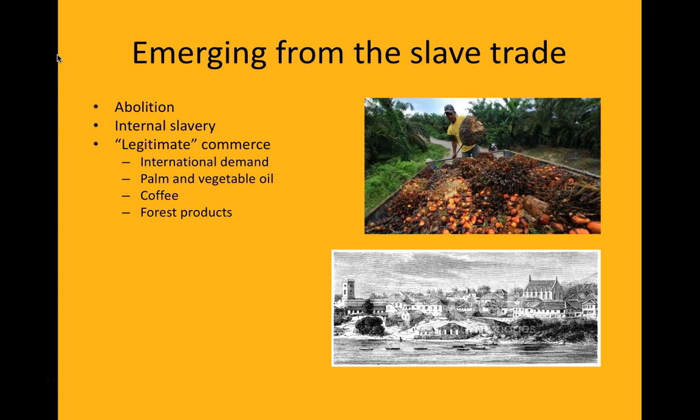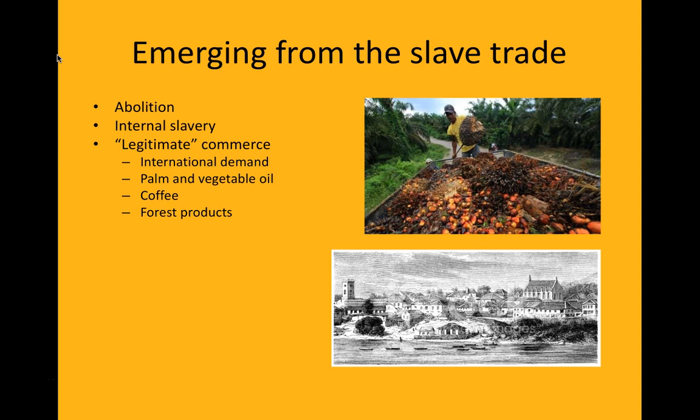And so from the coast, working with peoples in Africa who were more exposed to Europeans, the Europeans began to put pressure on Africans to engage in what the Europeans called legitimate commerce.